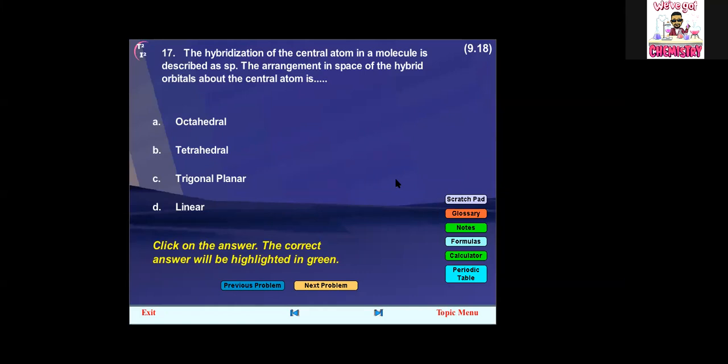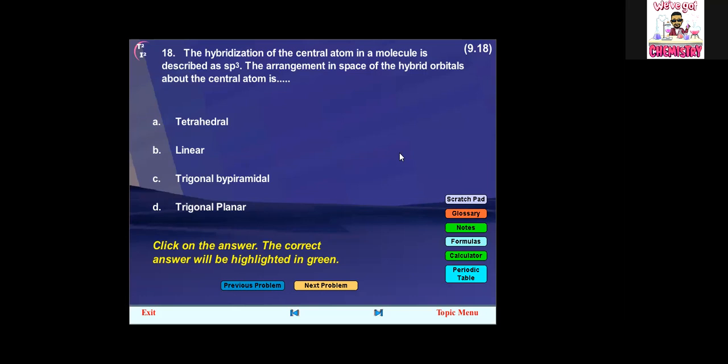2. The hybridization of the central atom in a molecule is described as sp. The arrangement in space of the hybrid orbitals about the central atom is blank. Octahedral, tetrahedral, trigonal planar, and linear. 3. The hybridization of the central atom in a molecule is described as sp3. The arrangement in space of the hybrid orbitals about the central atom is blank.